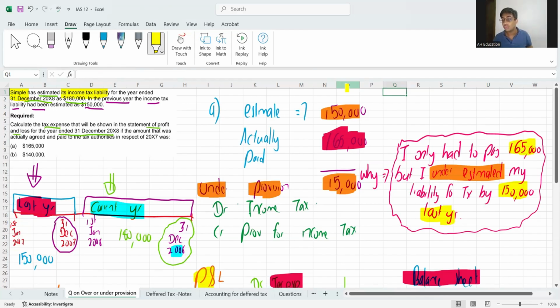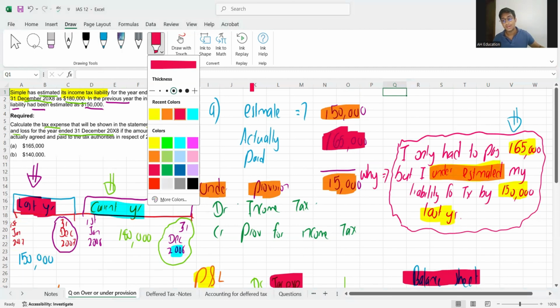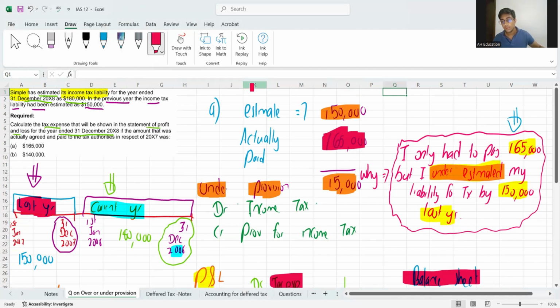This is the actual payment. Now I cannot argue with the tax department. Obviously, they'll slap me off. So this is an underestimate, or what I would say in simple terms, an under provision of your last year.